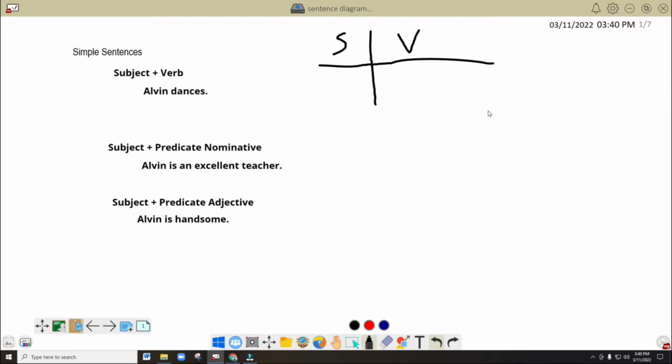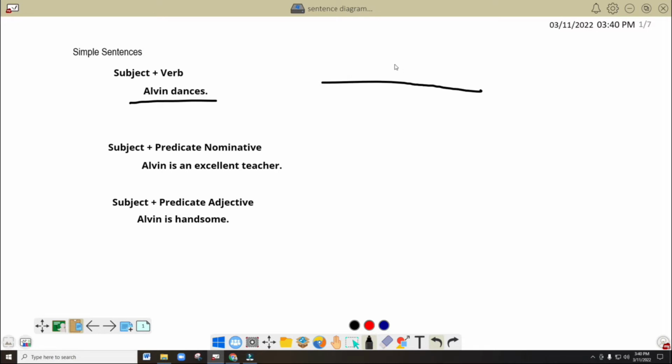Let's have the diagram of the subject and verb, the first sentence: Alvin dances. Let's erase this one first so that you could see it clearly. Now we said we have to draw this. The subject is Alvin, and of course, dances is the verb.